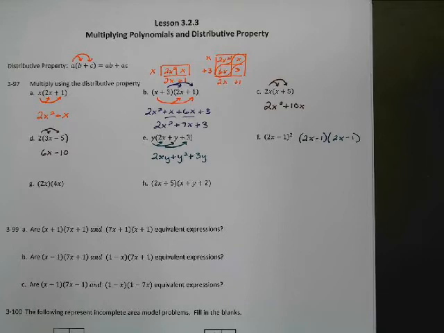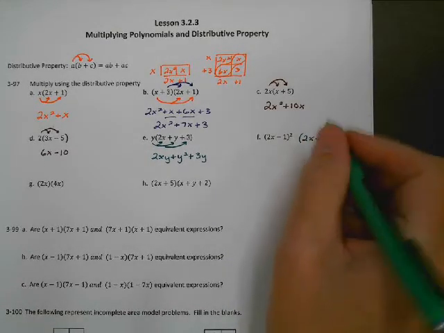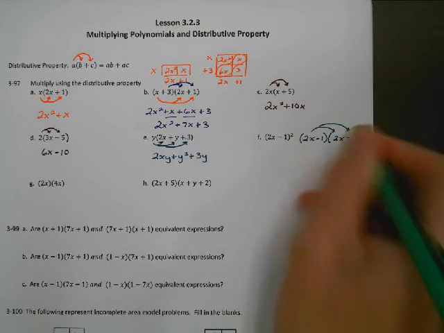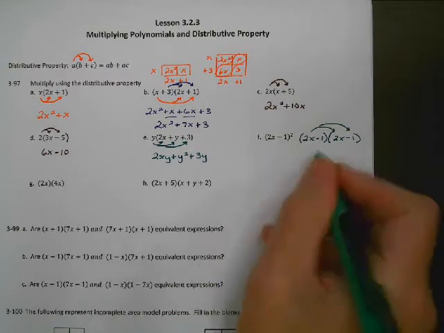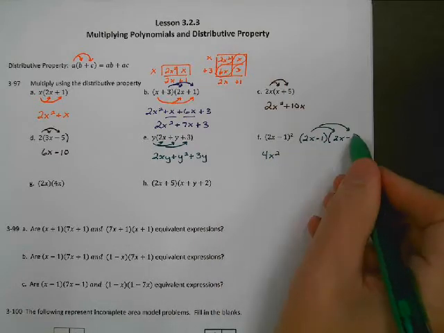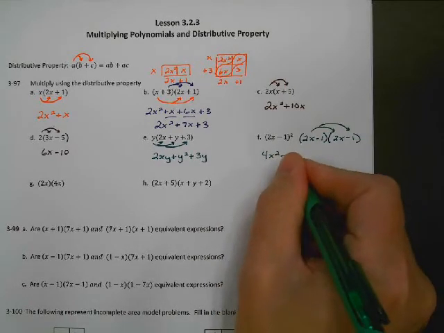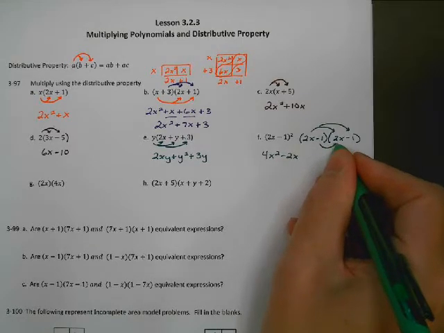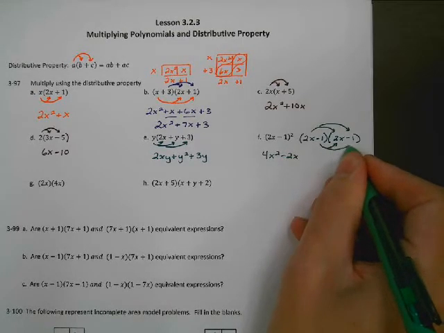Let's prove it by going ahead and multiplying it all out. 2x has to be multiplied by 2x, and 2x has to be multiplied by negative 1. So here we've got 2x times 2x is 4x squared, and 2x times negative 1 is negative 2x. And then we'd have to multiply negative 1 times 2x and negative 1 times negative 1.